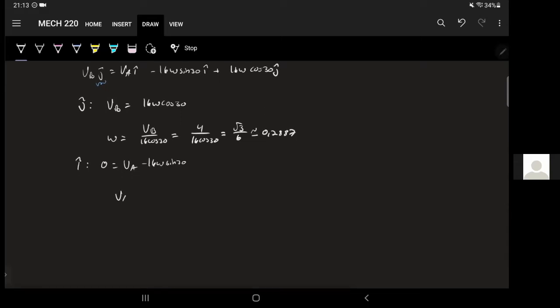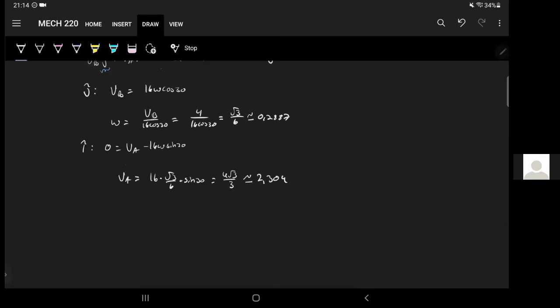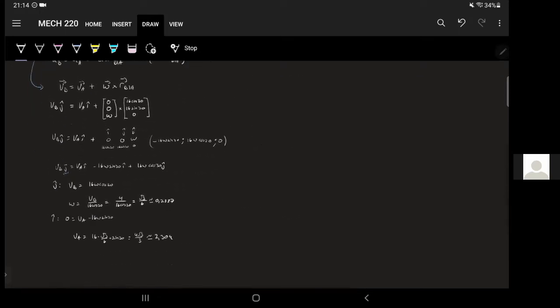So VA would be equal to 16 times square root of 3 over 6 times sine 30, which is equal to 4 square root of 3. Oh, it's equal to 2.309. All right, so that's the first step.